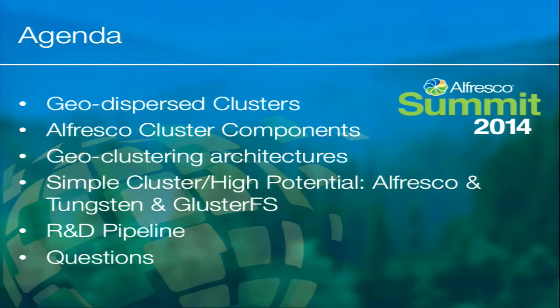We can have active, passive, hot standby, warm standby, etc. I'll mix those in a simple sample cluster that I will share with you that I've been able to build between London and Atlanta, which is actually up and running. And then I will share with you my current R&D pipeline, the next steps, and we'll answer your questions at the end.